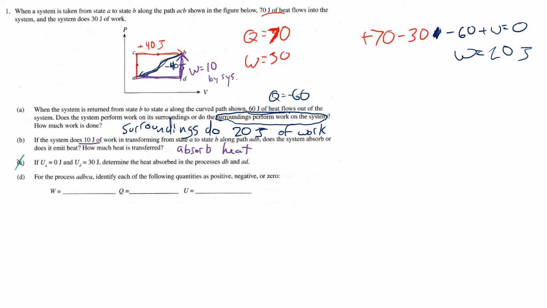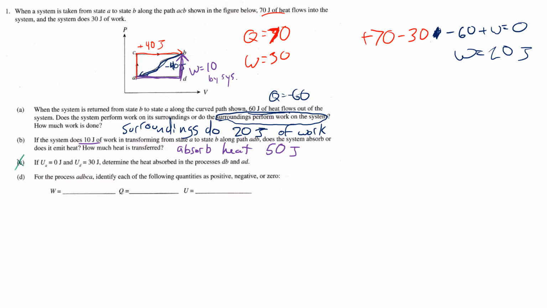How much heat do we have to absorb? Well, if we just absorbed 40, we would have lost 10 from the work. So we have to absorb heat for 50 joules because 10 of those are going to get lost from work and go somewhere else. And so if we absorb 50, we'll be 40 up like the goal was, like we did with the red path.